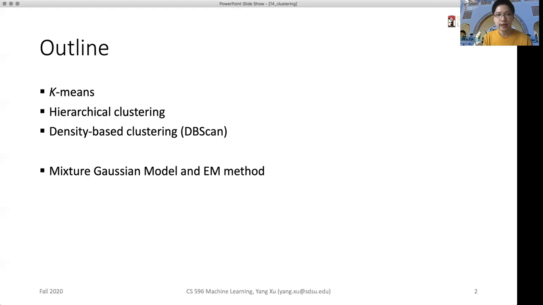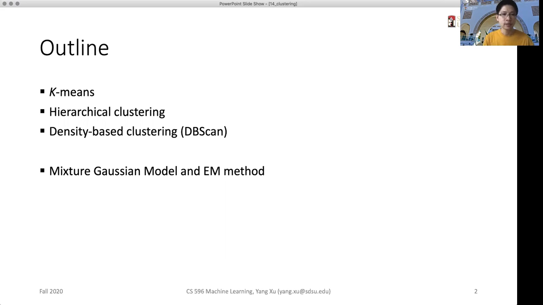And the last type of clustering method, which is called the Gaussian mixture model and the expectation maximization method, EM, we will cover in the next lecture, because it uses a very different philosophy about how clusters should be assigned to each data point. It's actually continuous labels, where one data point can belong to multiple clusters, but with different probabilities.